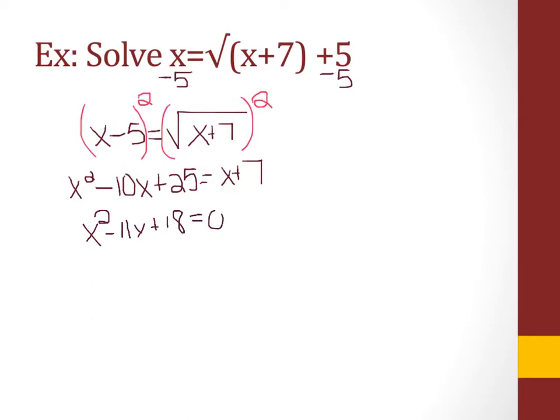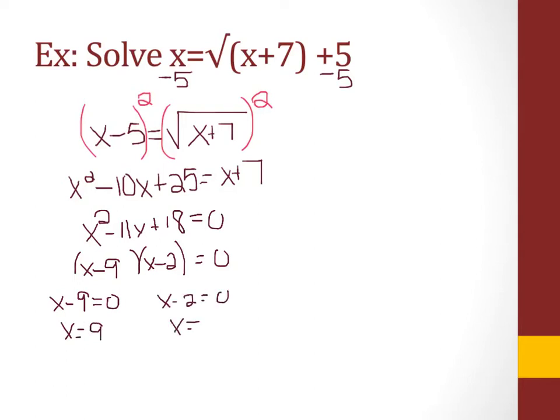Now that we have it in this form, as we've been doing throughout the rest of the lessons in this chapter 4, we can factor. When we factor this, we have x minus 9 times the quantity x minus 2. Still solving, we set each of these equal to 0. When x minus 9 is equal to 0, x equals 9. When x minus 2 equals 0, x equals 2.